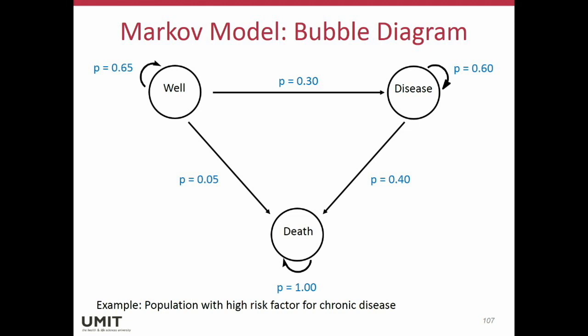Yes, exactly. So the question was, what is the arrow that curves around the bubble? This is demonstrating that these people stay in the same health state. Death is an absorbing state. However, we need to include it because people could die at any point in time during the simulation.